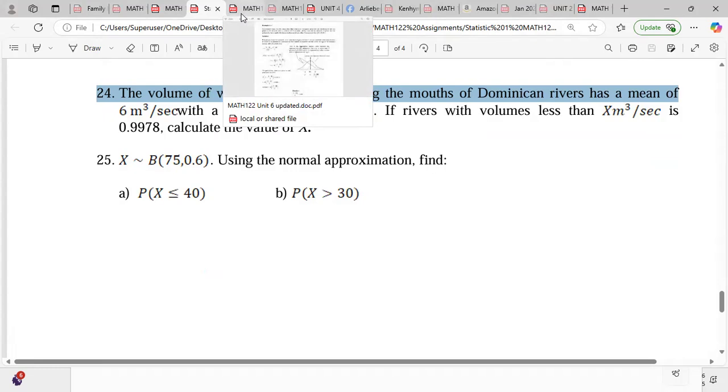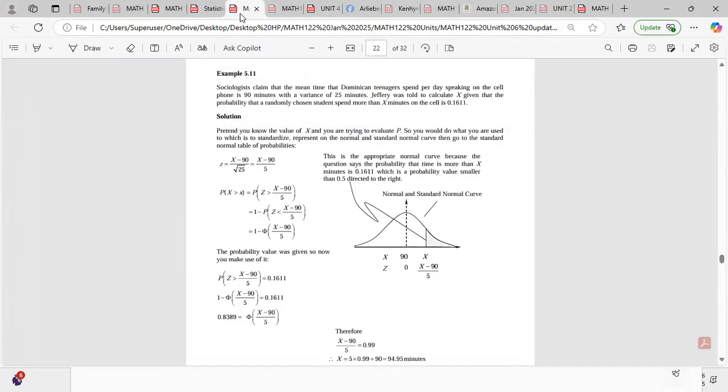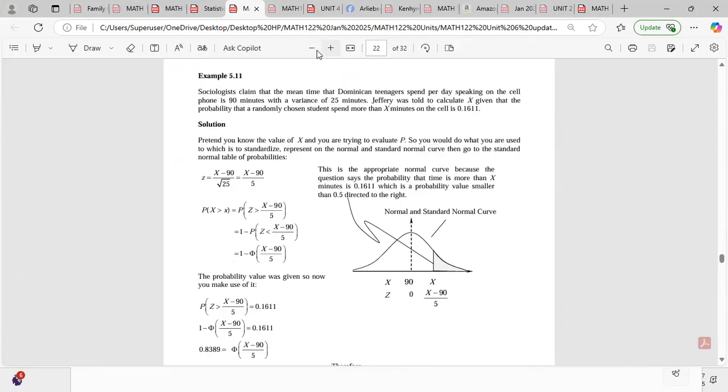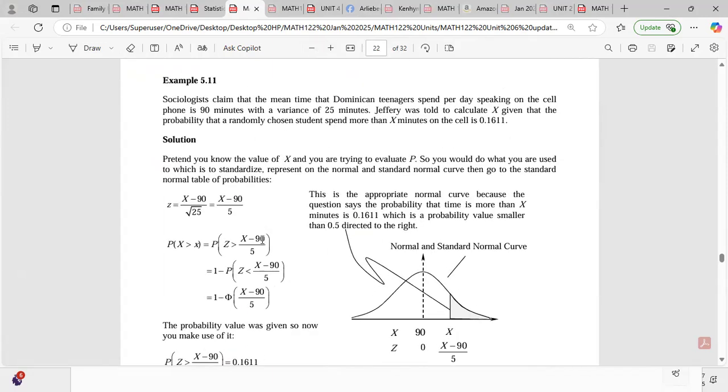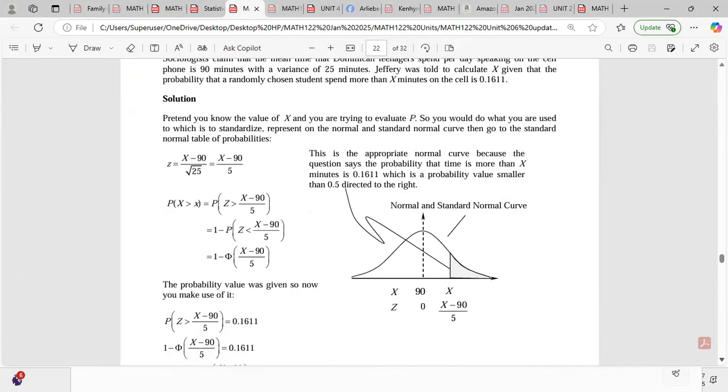So this is kind of simpler than number 23. Okay, let's see if we get an example similar to it in unit 6. Example 5.11. Yes, we have to solve for x. However, our probability value that was provided is a tail, and we had to subtract from 1 before we could go to the table to get the z. And plus, we had to put a negative sign.